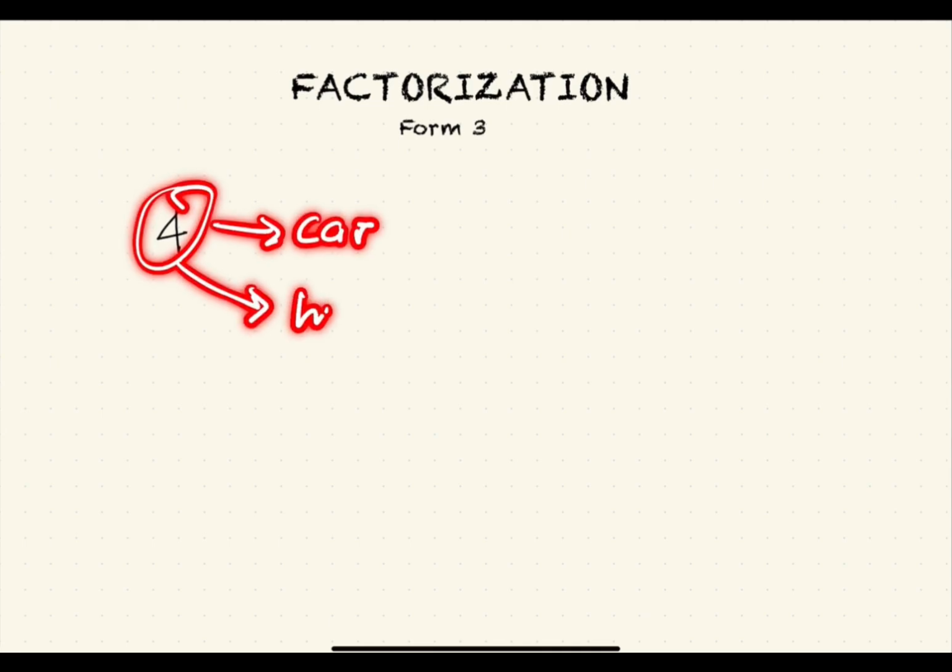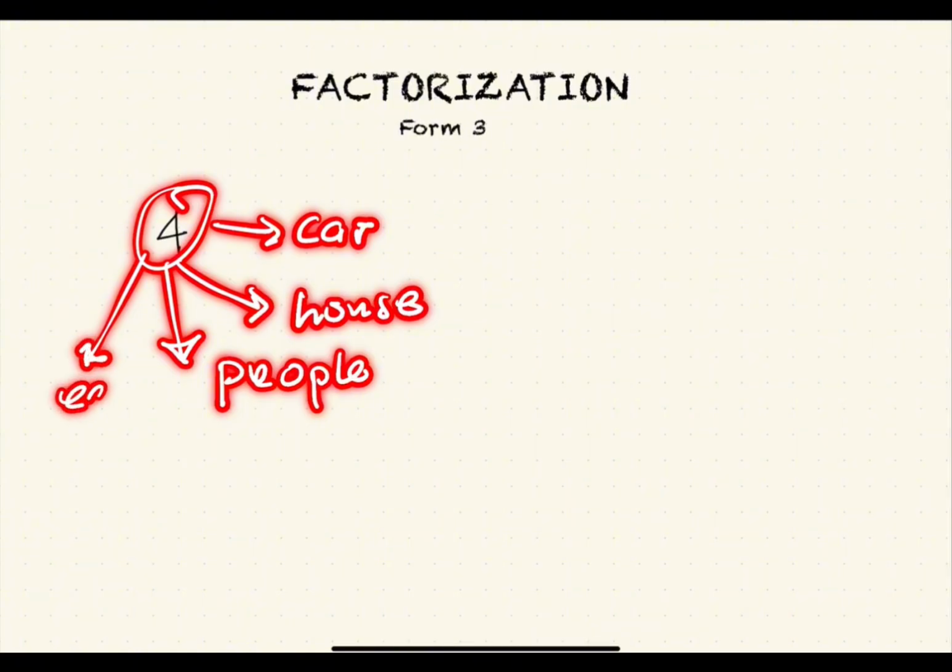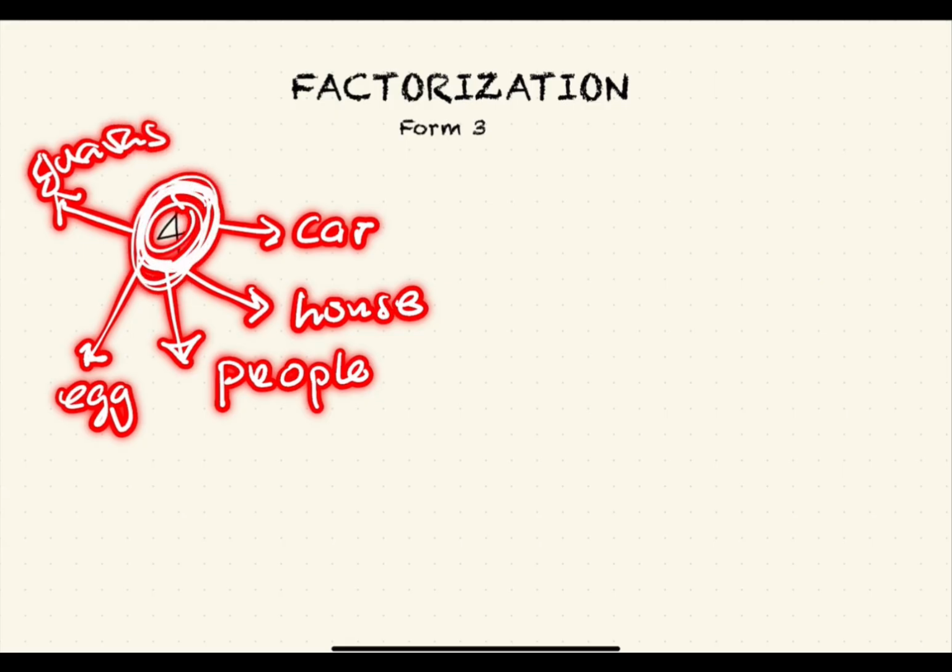For example, when we talk about 4 as a number, 4 could mean 4 cars, 4 houses, 4 people, 4 eggs, 4 guavas. Actually, it would mean anything. It's expressing something. So in mathematics, 4 is an expression, but it's not the only expression that you will ever come across.